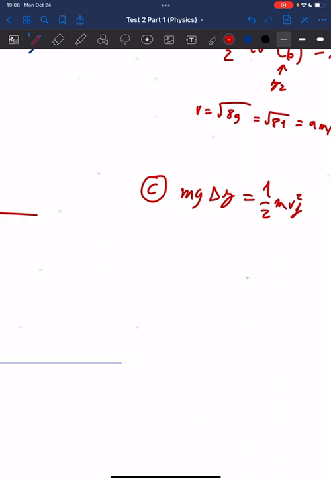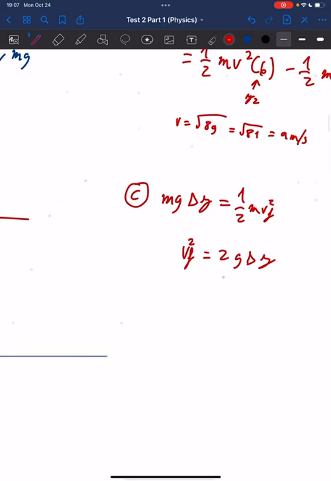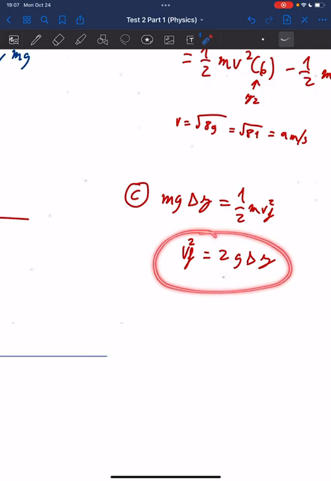In this case, we're going to isolate the final velocity. So we're left with 2g times the change in y. That would be our equation.